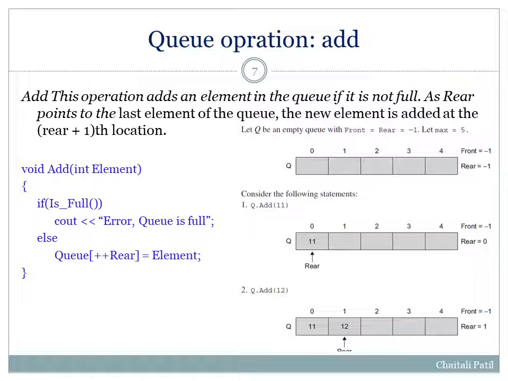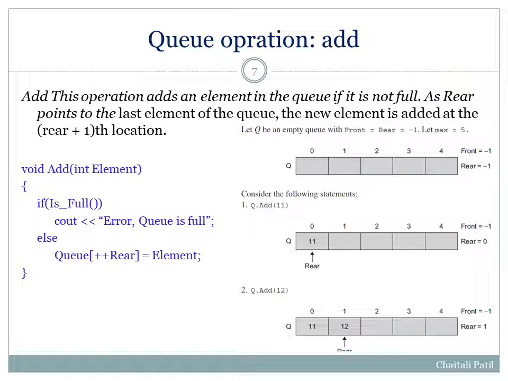Likewise, consider one more time, suppose we are calling the operation add 12. Again, it will check whether the queue is full. As the max minus 1 size is not reached, the isFull function will return 0.